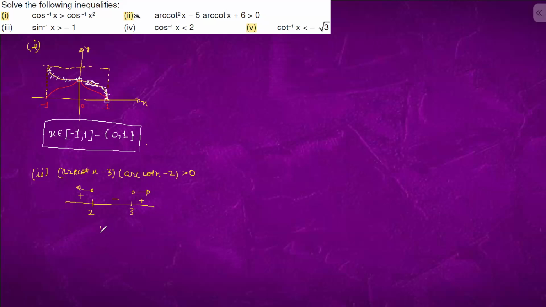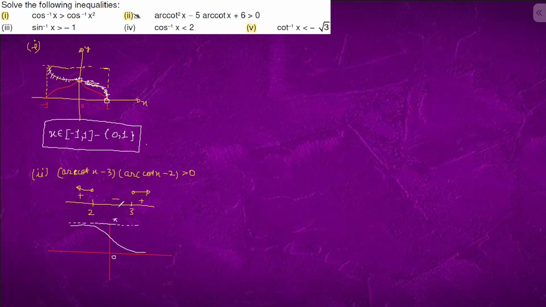So now we'll plot on a number line. When you don't get anything, just plot a number line. After that, the cot inverse x graph is this. This is pi, this is 0. So this is what we have.